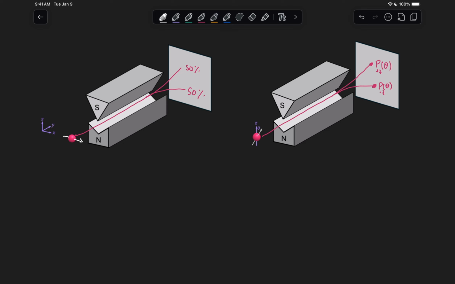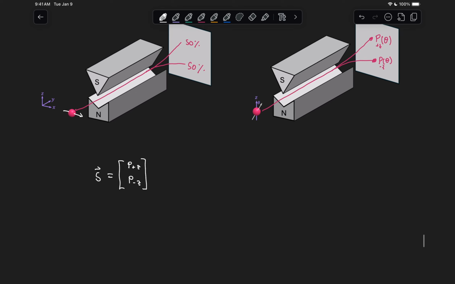So we could say that the way we describe the electron spin is with a vector S, where the first component is the probability of measuring the electron deflecting upwards, and the second component is the probability of the electron deflecting downwards. And at first glance, this seems to work, right?